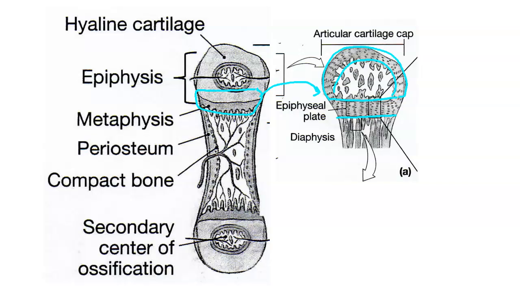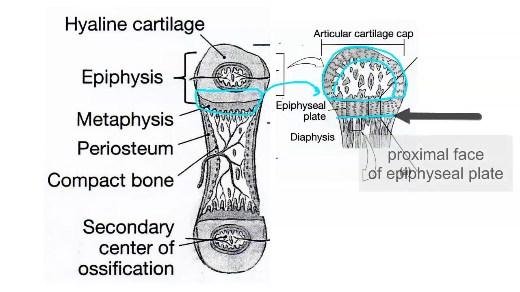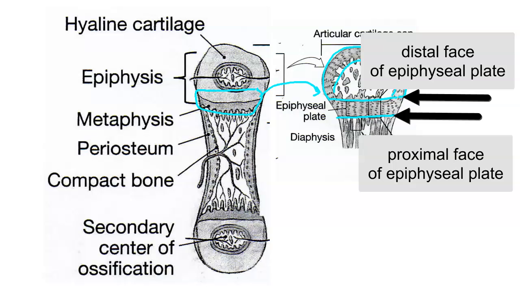There are two regions of the epiphyseal plate that I want to show you. The region that's closer to the diaphysis is known as the proximal face. And the region that's closer to the epiphysis is known as the distal face. What's happening at the proximal face and the distal face of the epiphyseal plate is different, which is why I want to make that distinction.